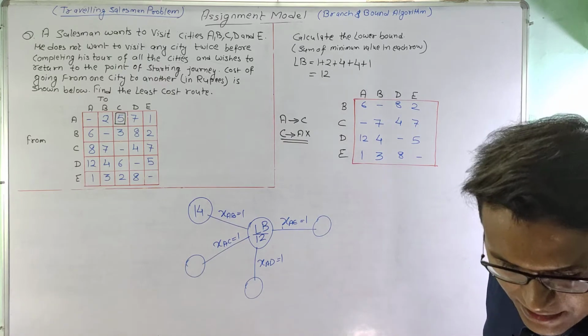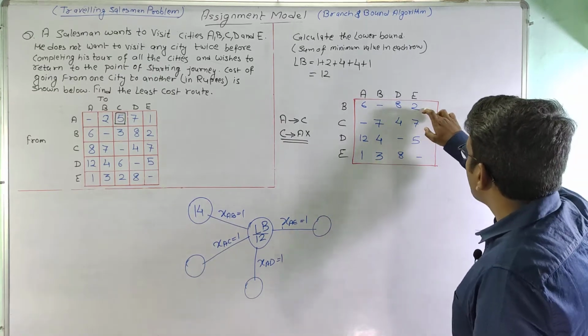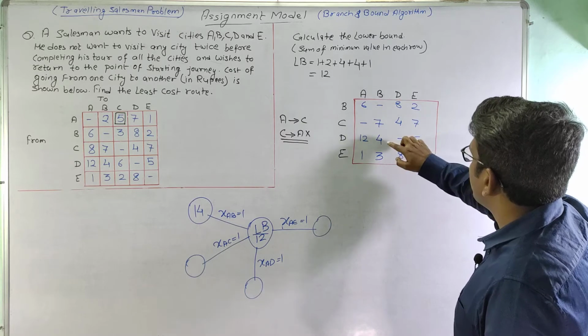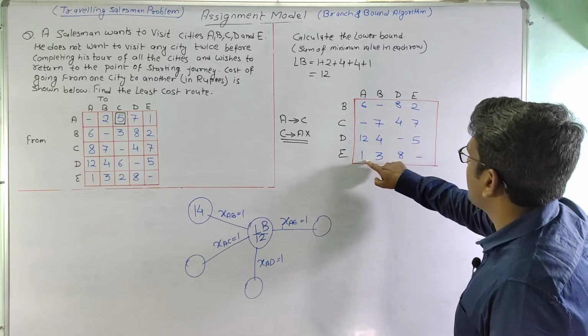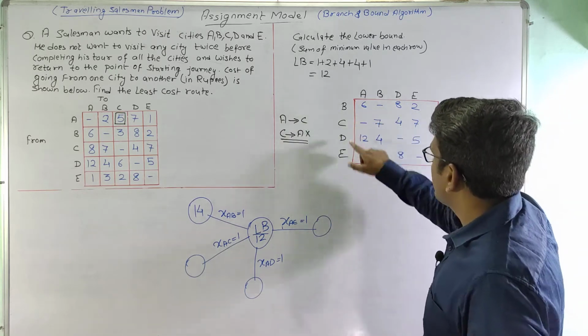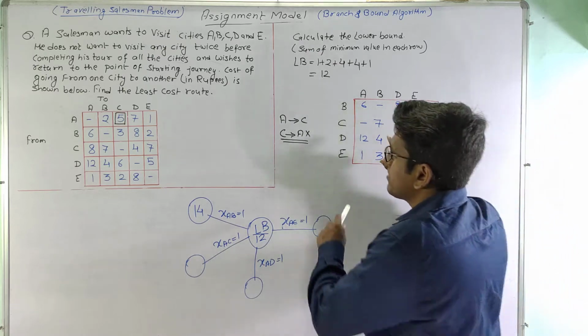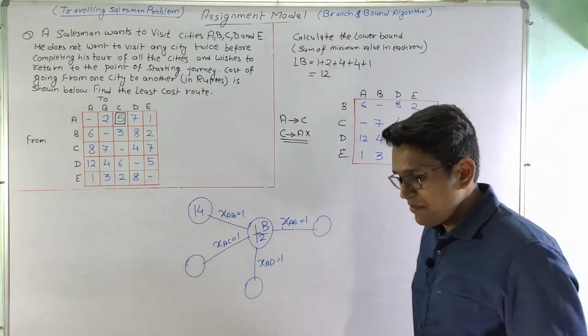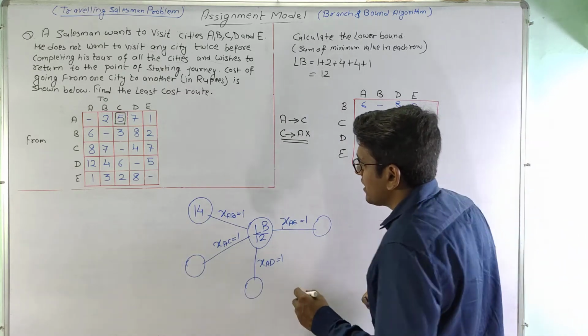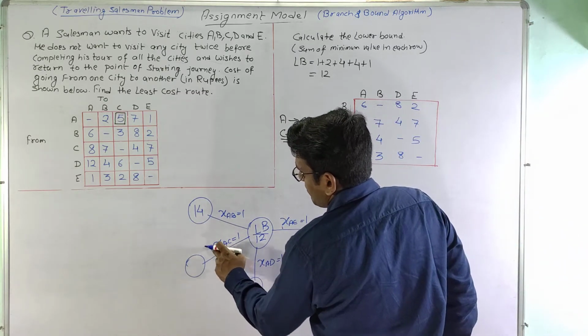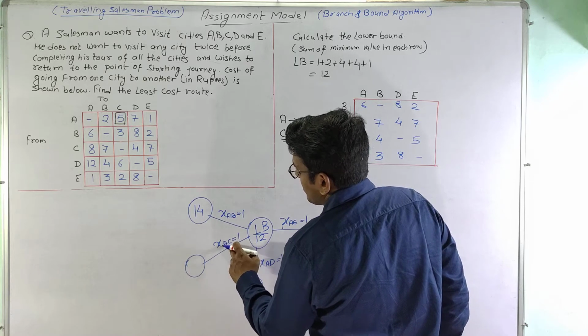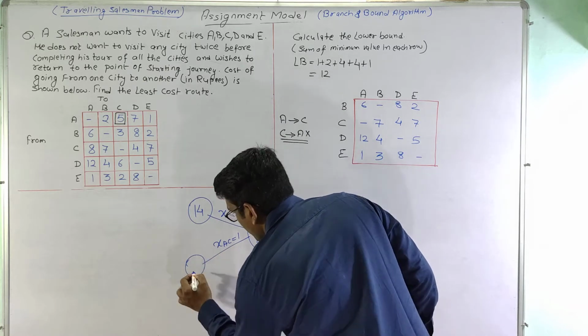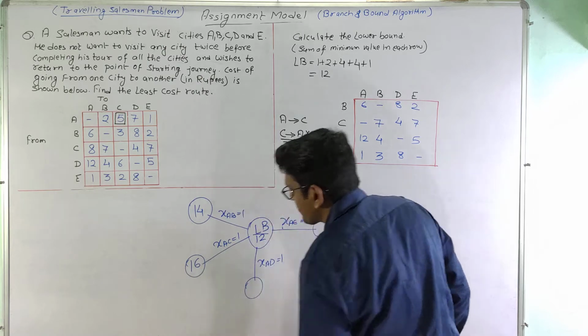So this will be 2 plus 4 plus 4, that is 10, plus 1, 11. 11 is the lower bound for this 4 cross 4 matrix, plus it has a value of 5. So 11 plus 5 is 16. So when we are assigning cell AC, we are getting our lower bound value as 16.